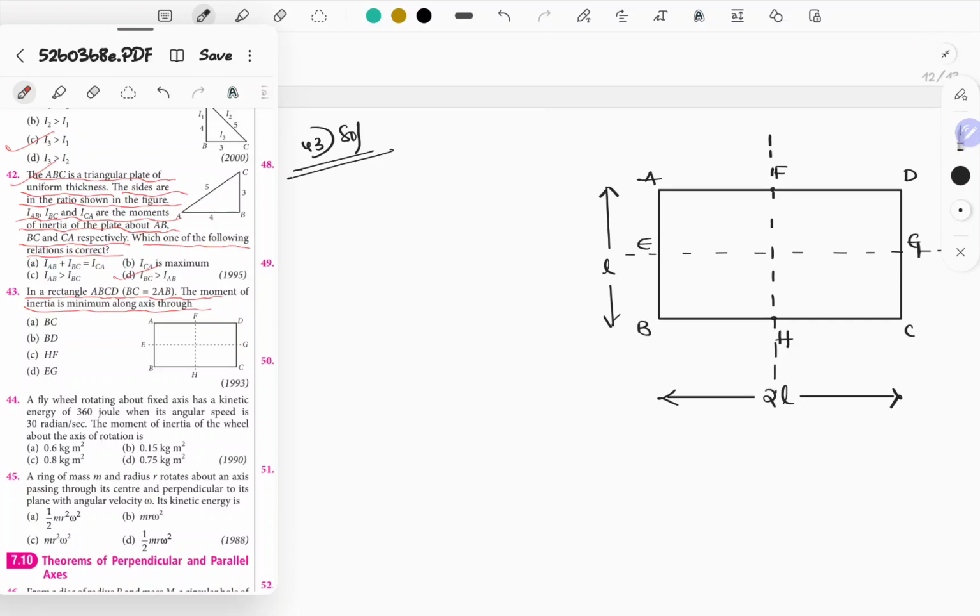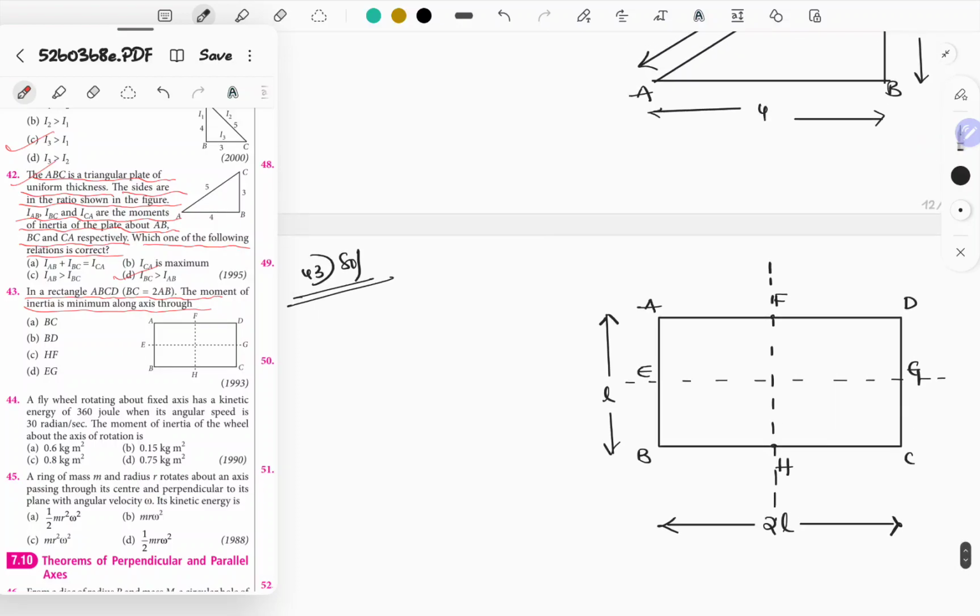How do you answer these kinds of questions in a competitive examination in very little time? Let me explain the trick here. The only thing you have to observe is the moment of inertia formula. Generally it is m r square for a point mass, right? Does moment of inertia depend on the mass of these objects?